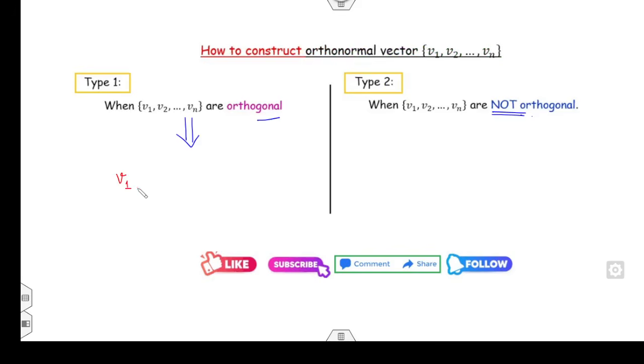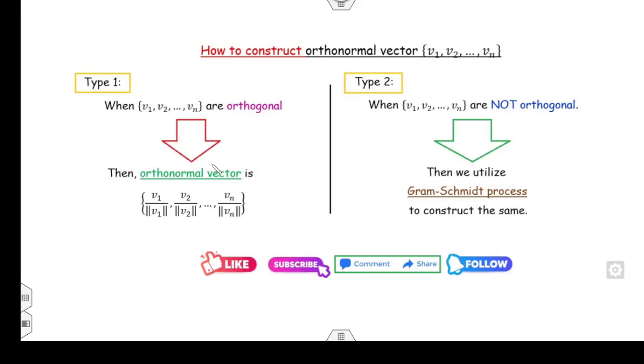If you have orthogonal vectors, say v1, v2 and vn, and you divide each by its individual norm, then clearly these are unit vectors, or unit norm, and this set of vectors is orthonormal. On the other hand, when the vectors are not orthogonal, you can never apply this division by norm.